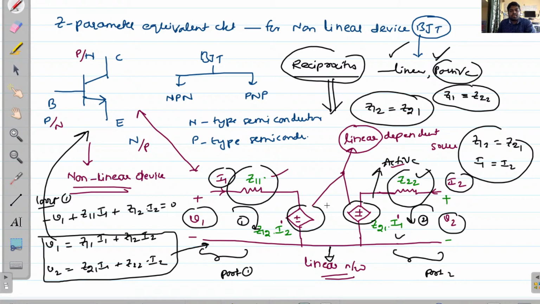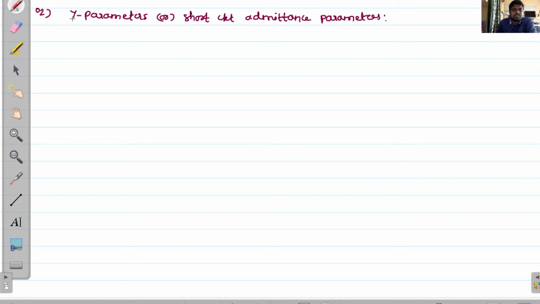Now we will discuss Y parameters, the second one. Y parameters are short circuit admittance parameters. This is our standard model circuit, a two-port network.